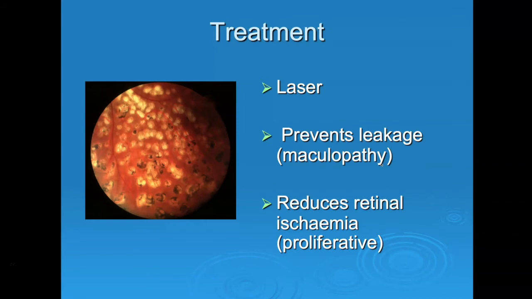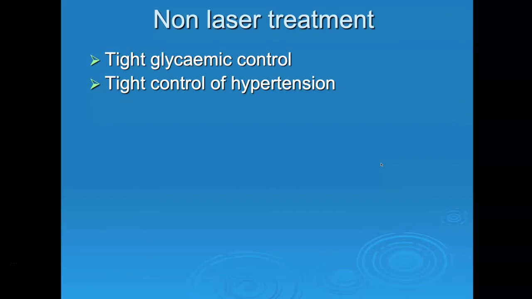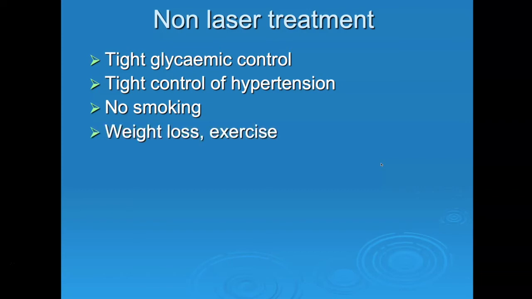Treatment for diabetic retinopathy is by laser, and also treatment for maculopathy is through very gentle laser by reducing the retinal ischemia. Non-laser treatments are available, and of course we can all take part in counselling our patients to get tight glycemic control, tight control of hypertension with drugs, cessation of smoking, weight loss and exercise, and treating anemia and renal disease.